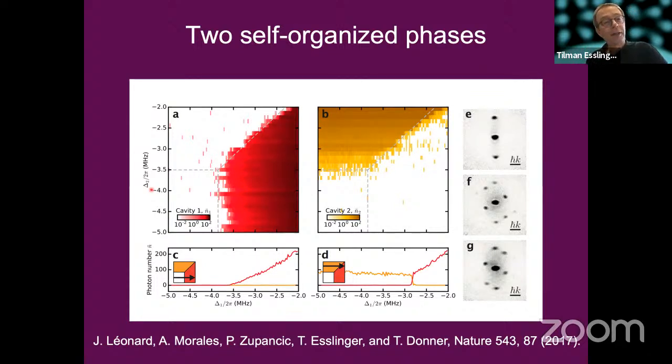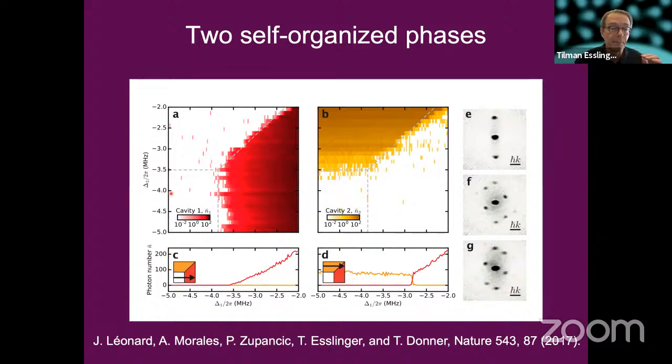So I have a continuous parameter with which I can change the atom-light coupling. And this also allows me to find where the atom-light coupling of both cavities is exactly the same. And that is exactly the point where you have a continuous symmetry, where you have this enhancing of the symmetry.